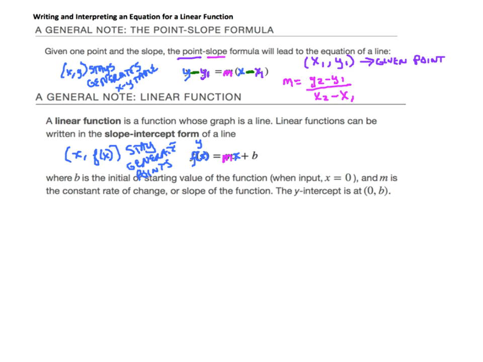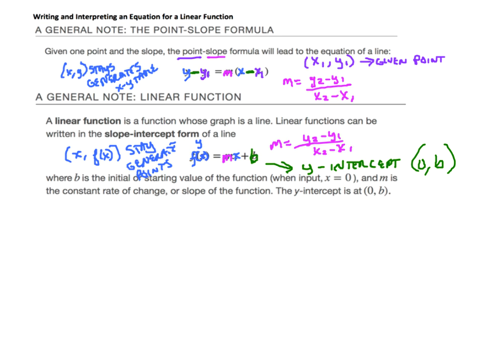And the m is the same m as above. This is slope. y2 minus y1 over x2 minus x1. And b, we've already discussed this, shows up as your y-intercept. Which, don't forget, that's always 0 for x and then some y value for the coordinates of that point.